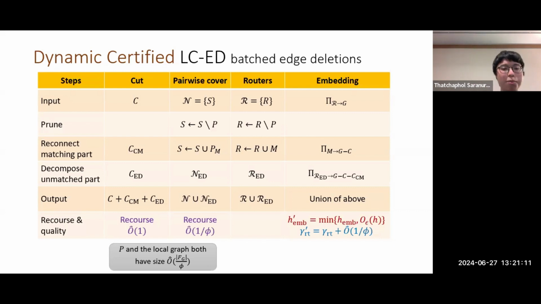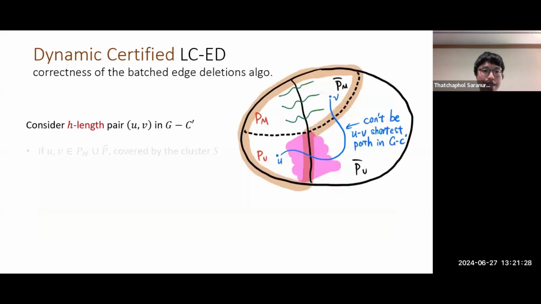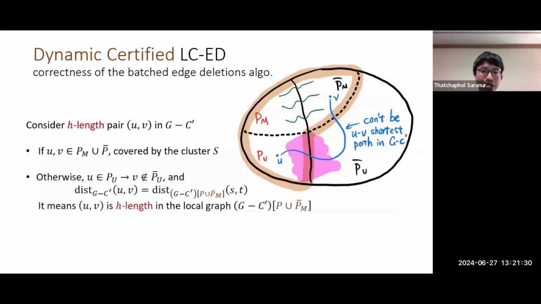But there will be a factor of 1/5 in the recourse of this neighborhood cover, just because the local graph and the pruned vertex set have their size blown up by a factor of 1/5. Let's skip the correctness.